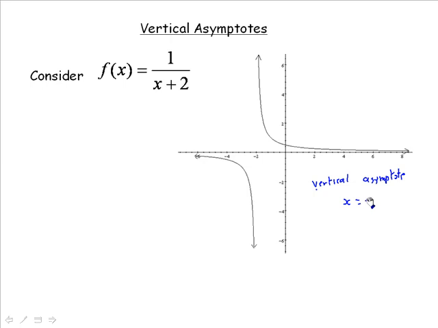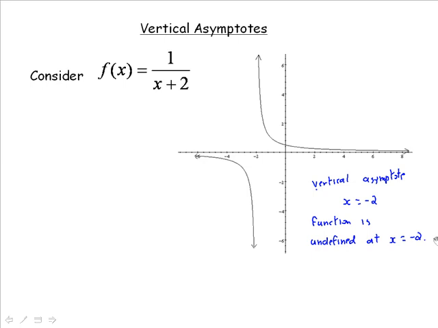So wherever that denominator was equal to 0, that's where our vertical asymptote is going to be. So it's undefined. The function is undefined at x equal negative 2. So that's not a difficult one.